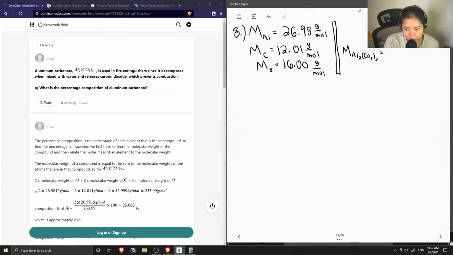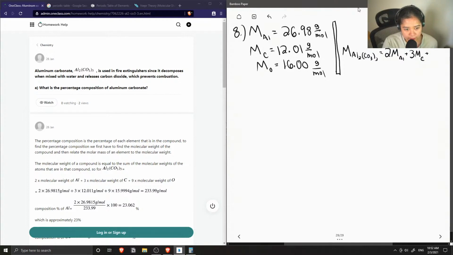So we have 2 atoms of aluminum, so it's going to be 2 times the molar mass of aluminum, plus 3 times the molar mass of carbon, plus 3 times 3 for the oxygens.